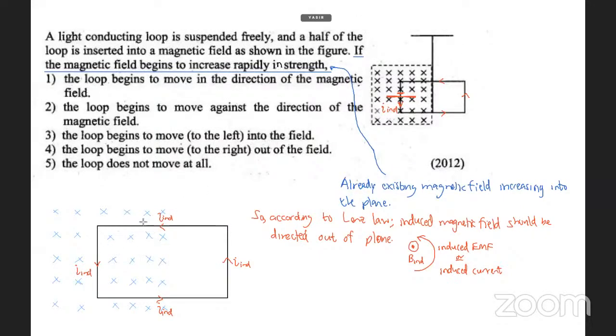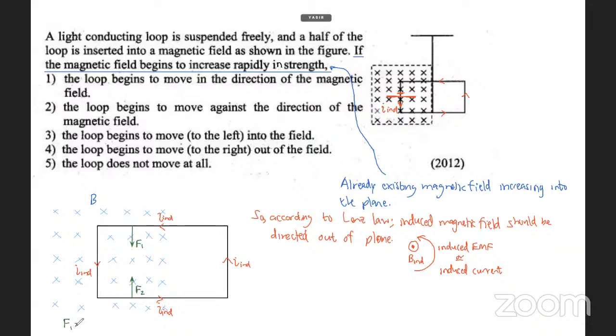What is the direction of force here? Magnetic field is into the plane, and the current is towards left. So I'm getting a force downwards here, this way, and here the current is going in the opposite direction, so I'm getting a force upwards. This is F1, and this is F2.